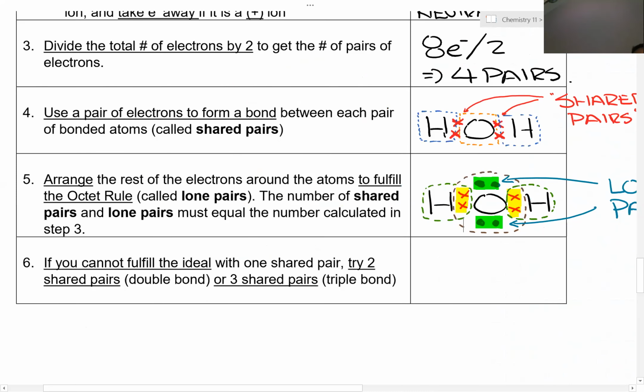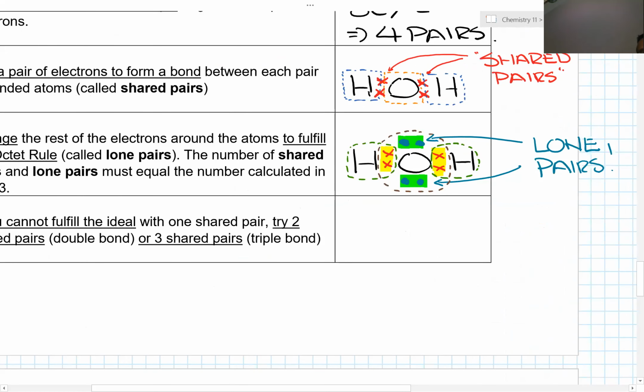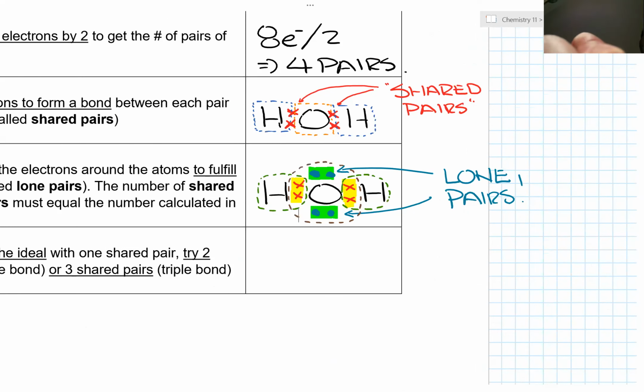Now, step number 6 says if you cannot fulfill the octet, try 2 shared pairs or 3 shared pairs. In this particular case, because we finished off in step number 5, right now this one is not needed.